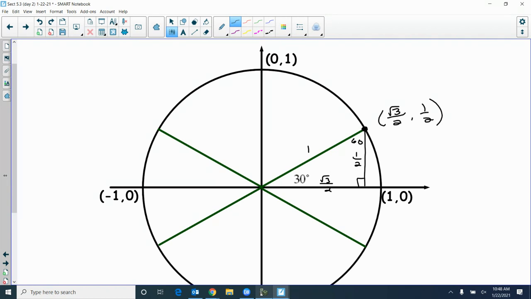Now, from this one, we can get 3 other angles. We want to create a triangle. All those triangles need to have a reference angle of 30 degrees. So draw in that, and then this is 30 degrees. In each of these, the reference angle will be 30 degrees.